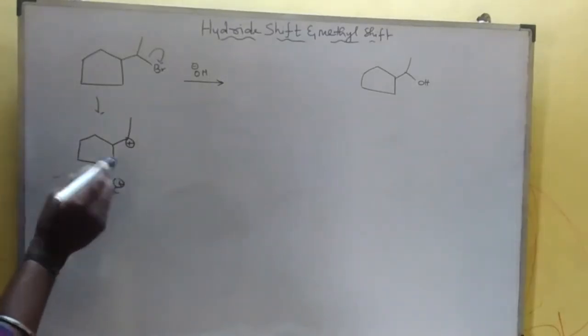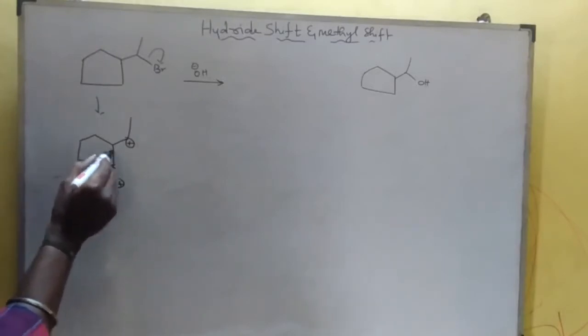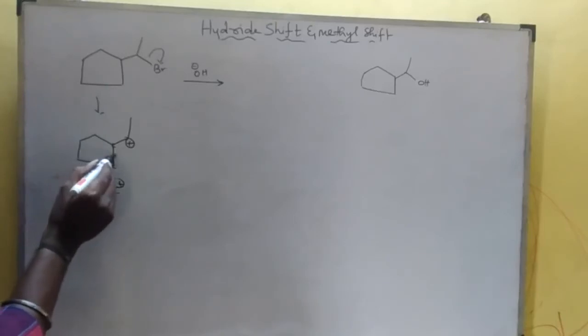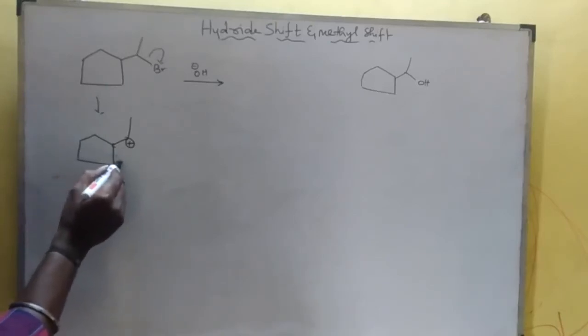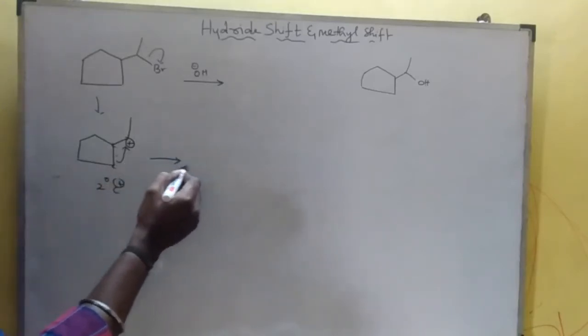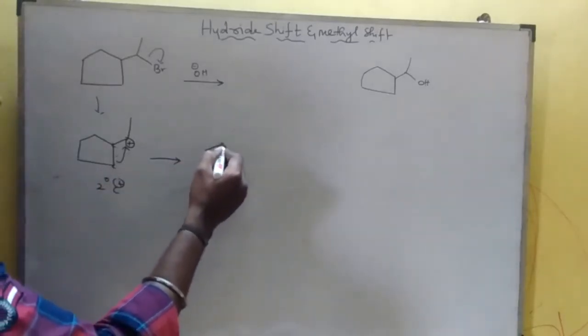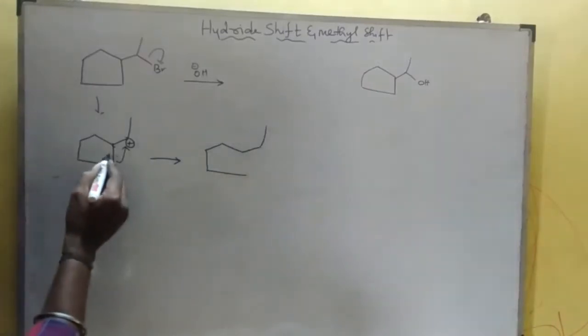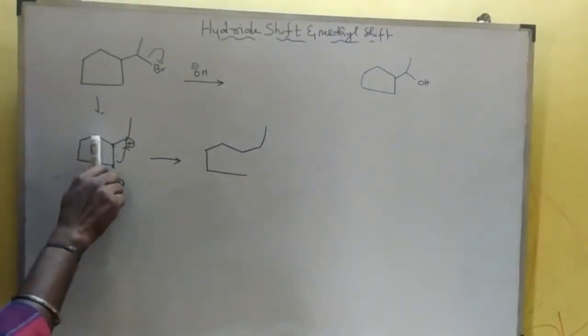How does it happen here? These 2 carbons have a bond between them. This electron pair gets shifted to this carbon to form a bond. So you write as it is, this electron pair like this.